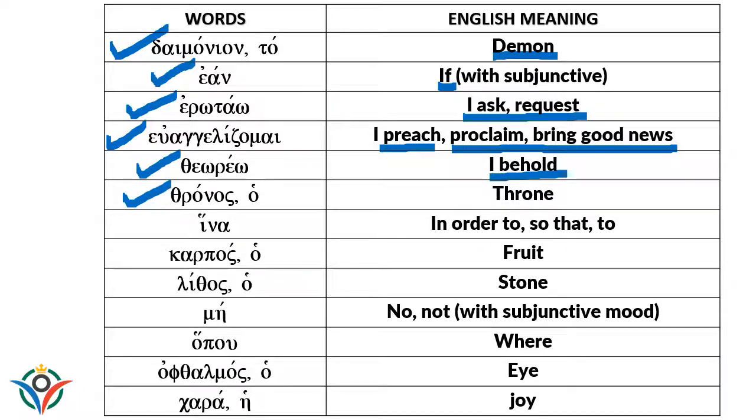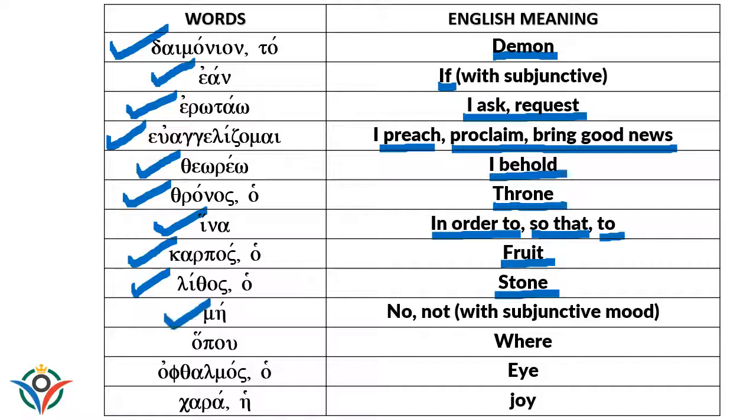Then we have theoreo, which is I behold. Then we have thronos, throne. Then we have another clue, hina, which we can translate as in order to, in order that, so that, or to, depending on the context. Then we have karpos, which is fruit. Next we have lithos, which is stone.